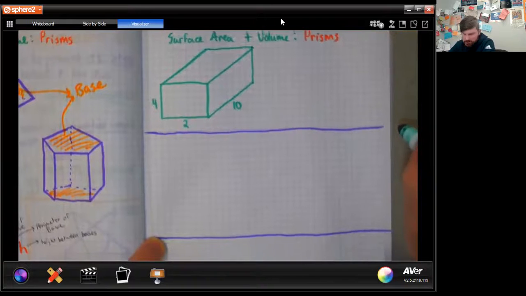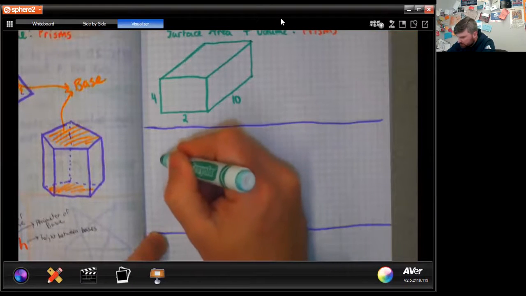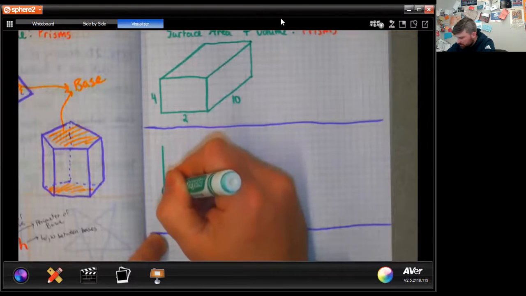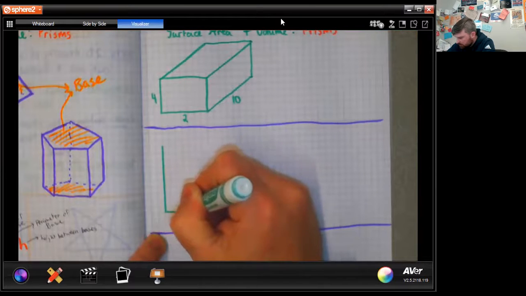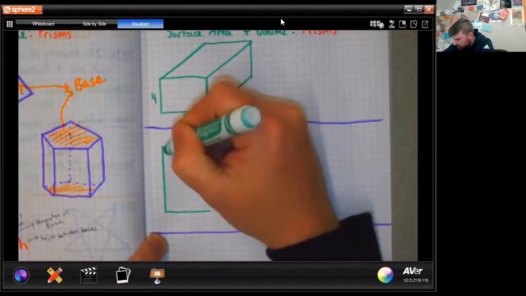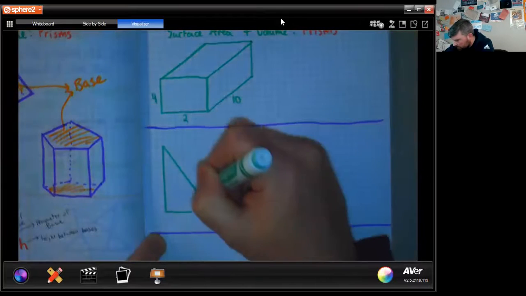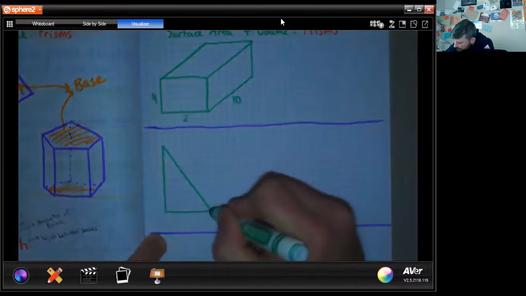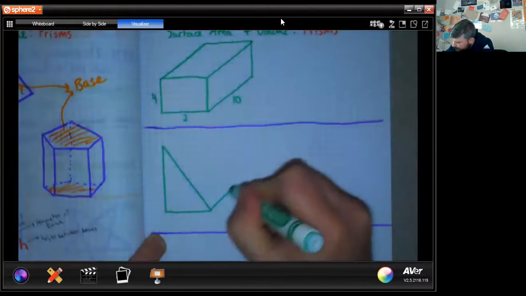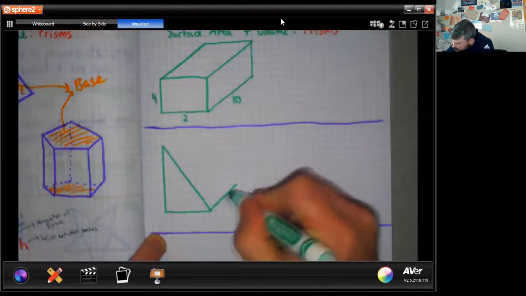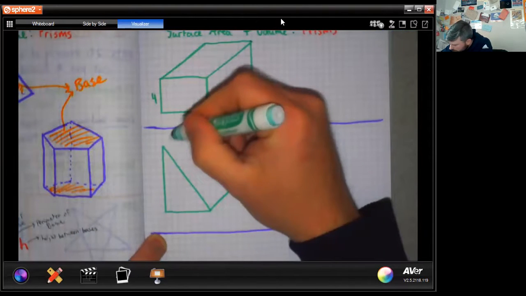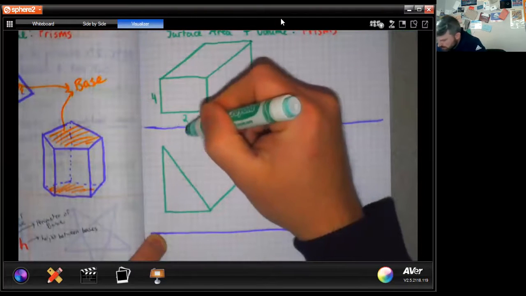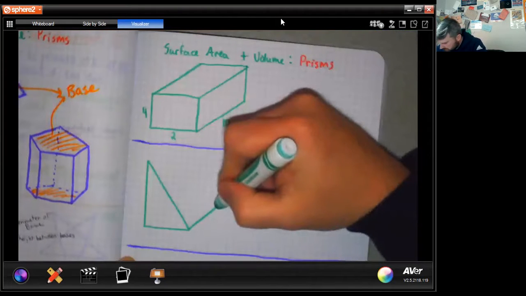Okay, and on this one, we have a right triangular prism. Get that right triangle there. And it kind of went out of the box, didn't I?